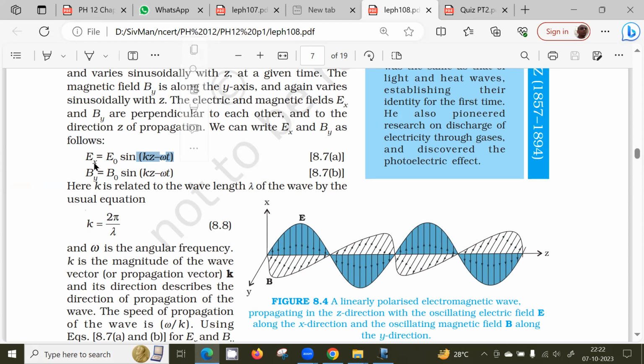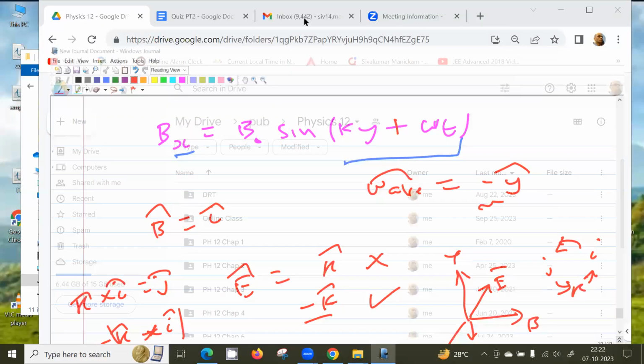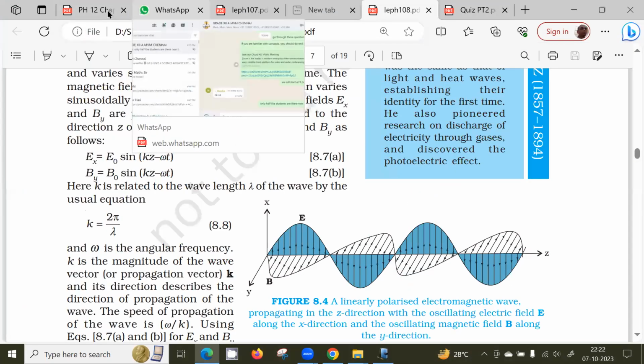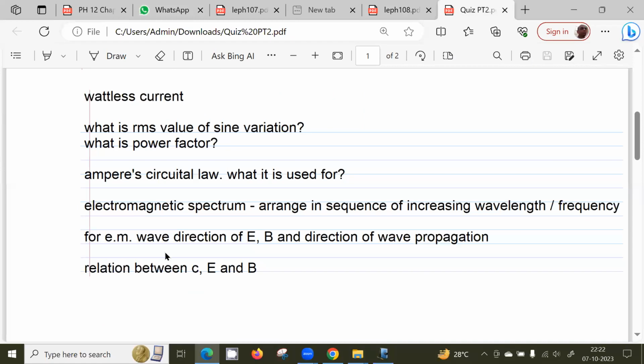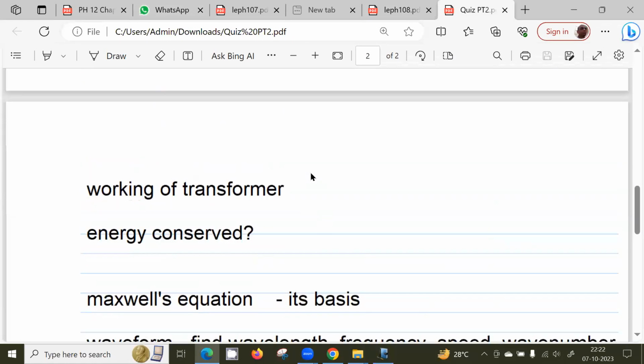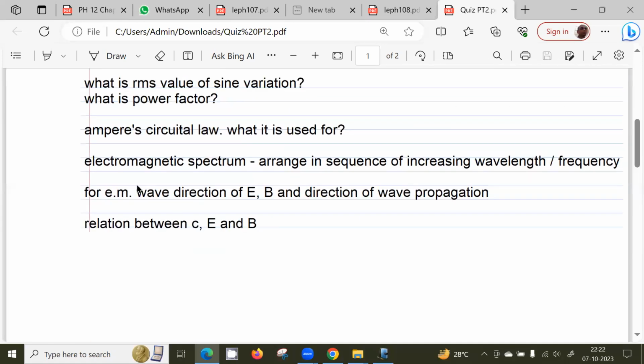Since this is given as Ex, the direction of the electric field is i cap, and from there I can get the direction of the magnetic field as j cap. Is it clear? Electromagnetic wave direction and E and B direction of wave propagation.